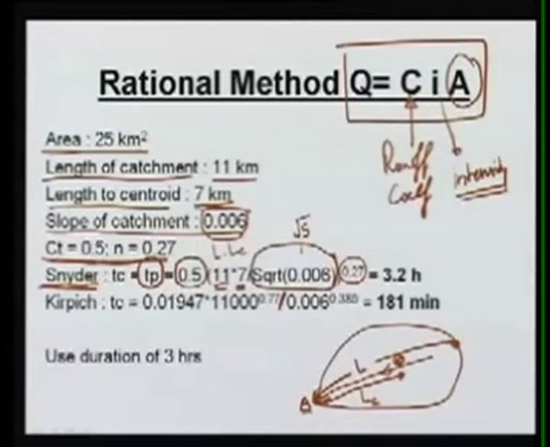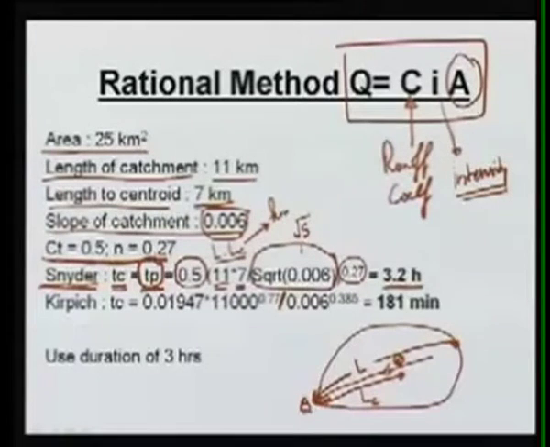So using a relationship similar to Snyder, we can estimate the time of concentration by assuming it to be equal to the lag, and for small basins this assumption may be valid. And if we use this equation, L and Lc of course in this equation are in kilometers, slope is dimensionless, and the value which we get will be in hours.